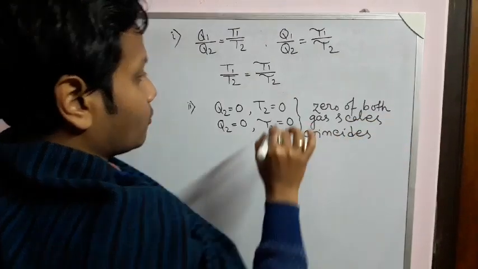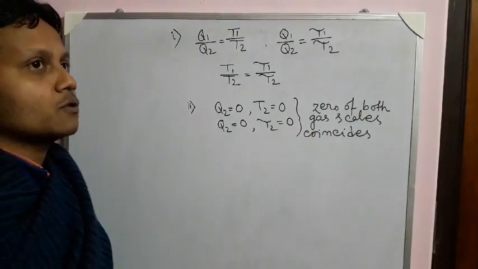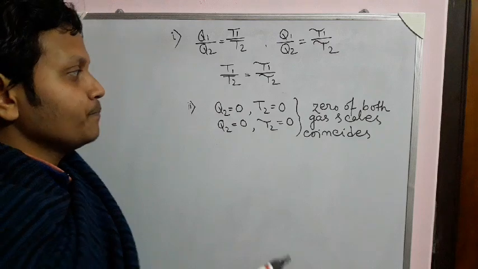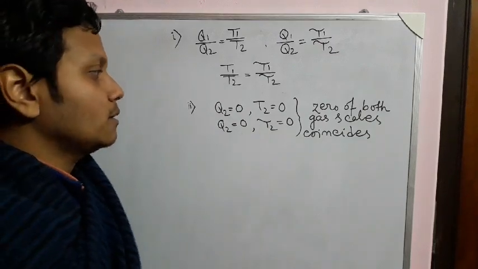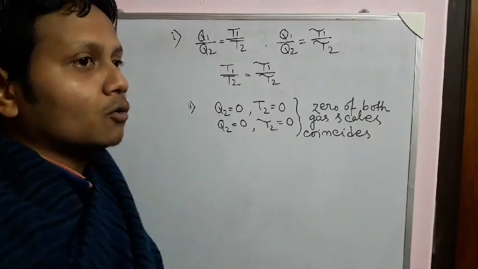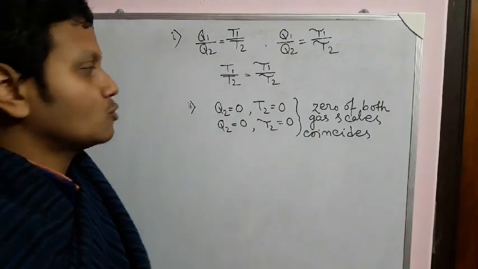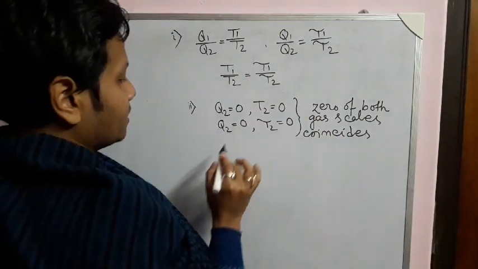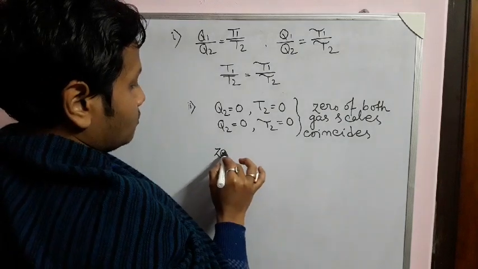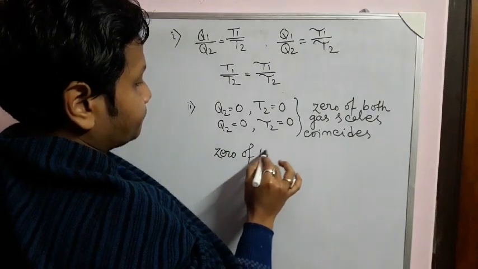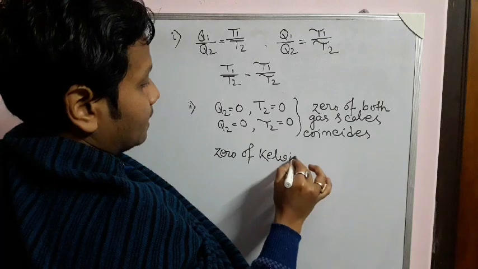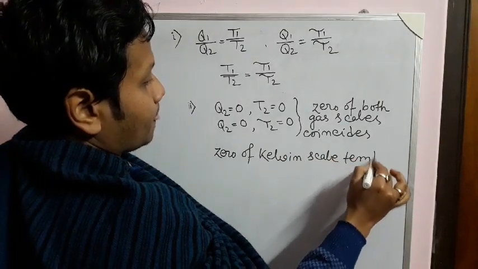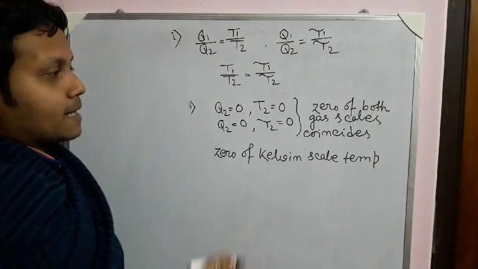From this we define the absolute 0 of the Kelvin scale of temperature: the temperature at which the reversible Carnot engine does not reject any heat to the sink is called the absolute 0 of the Kelvin scale of temperature. So this is another similarity.